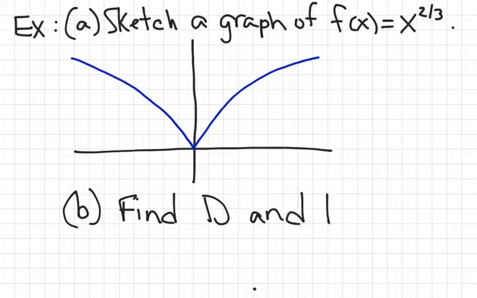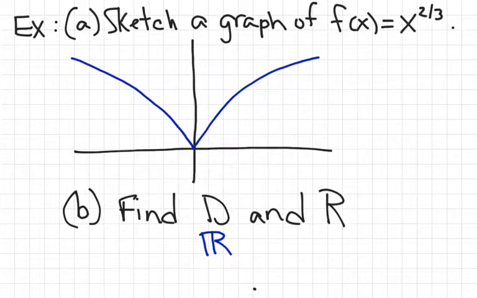Well, the domain, again, is what x numbers can you plug into this and always get a number out. Well, you can raise any number to the 2/3 power. An integer, a fraction, a decimal, positive numbers, negative numbers. So we say that the domain is all real numbers. The range, however, is not all real numbers.